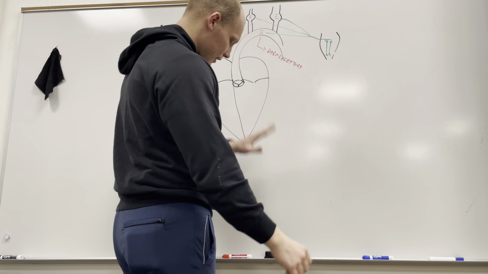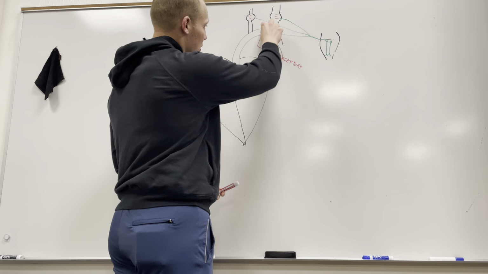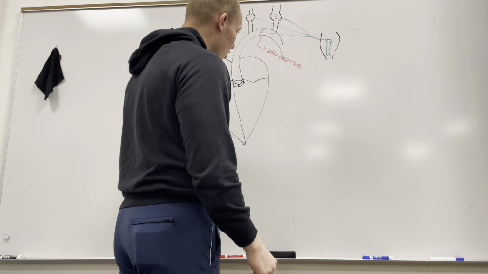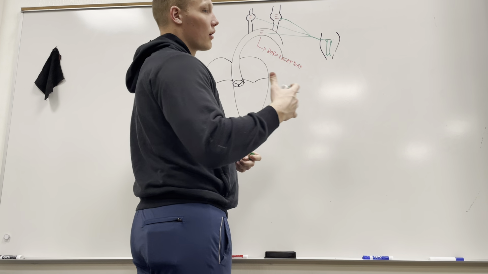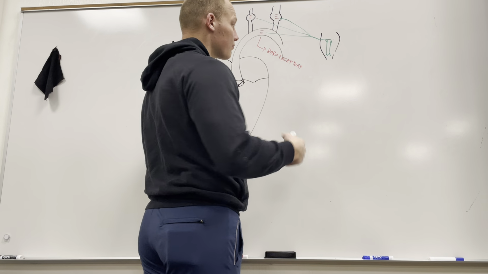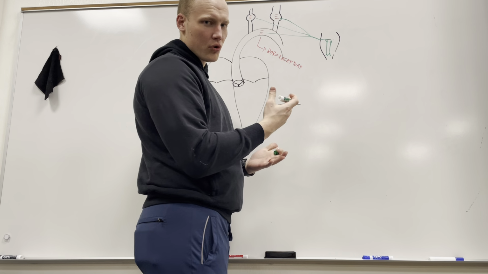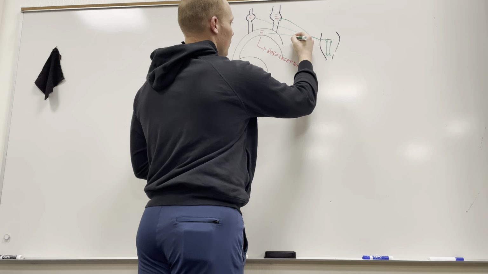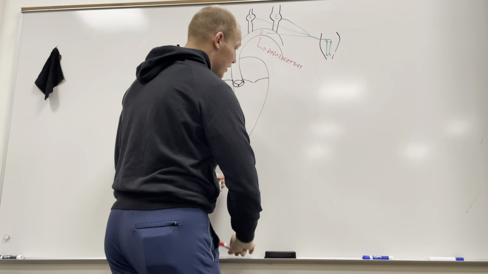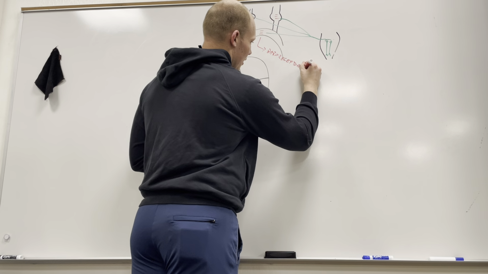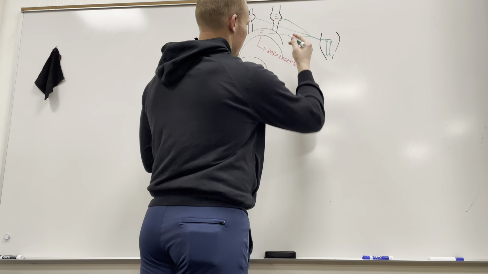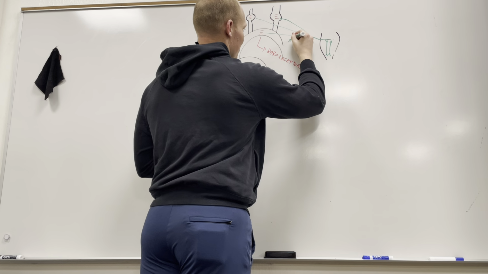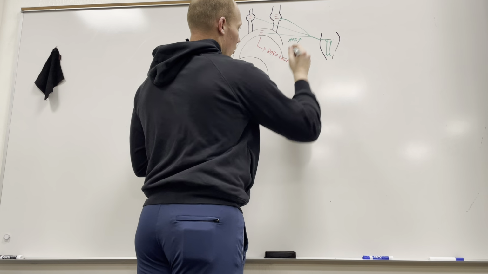And this is important because if we have increased pressure in the aorta, we're going to send a higher frequency of action potentials. We get more excited. It's in a more excited state. So our baroreceptor stimulation goes up, the action potentials, I'm going to put APF, action potential frequency, would go up.